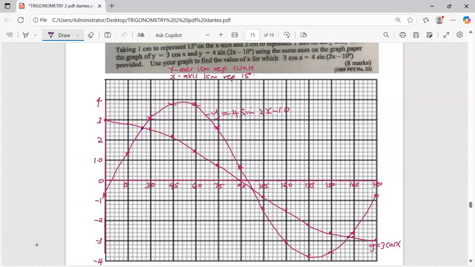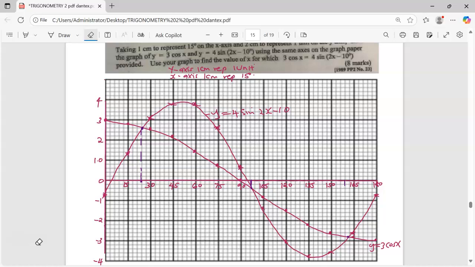So we can now draw a broken line downwards so that we are able to pick the value of x at this point here. Then we pick the value of x at this particular point of intersection. Then lastly, we pick another one at this particular point here, so that we could have solved this question very well.